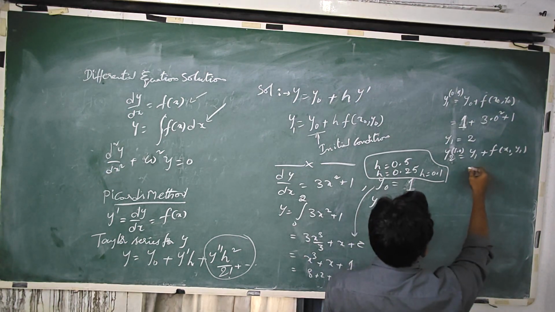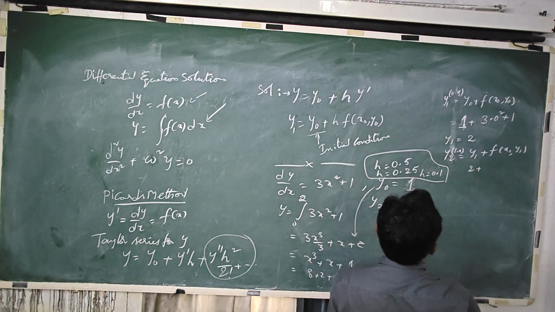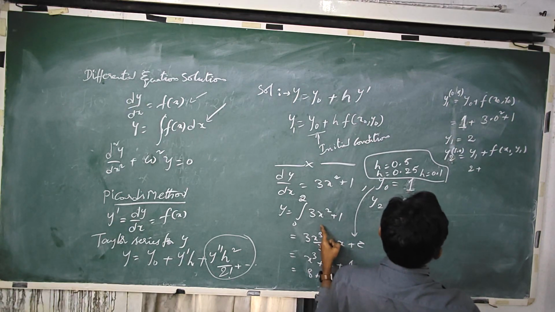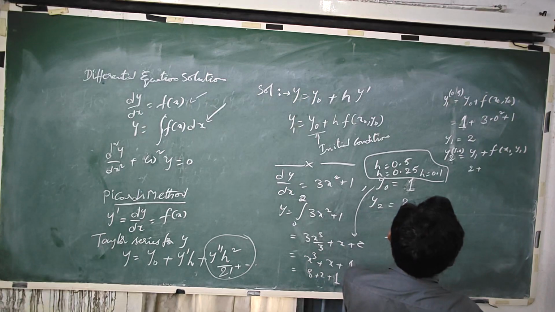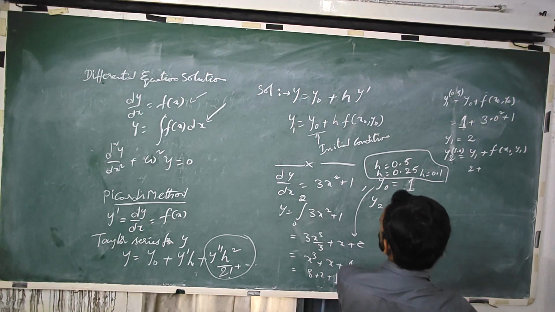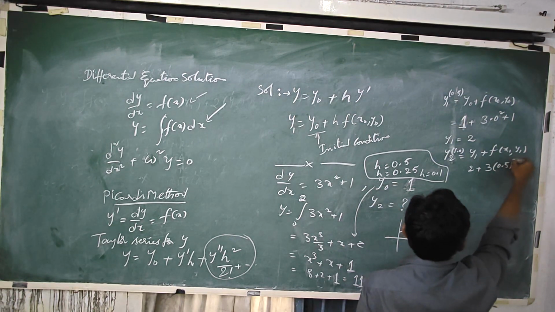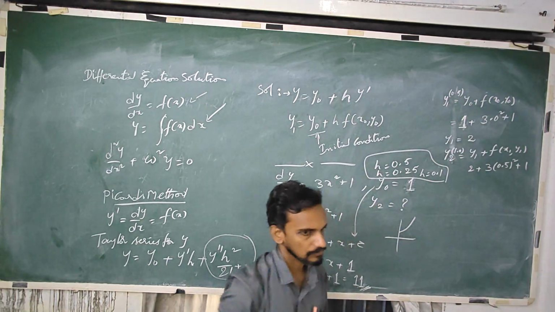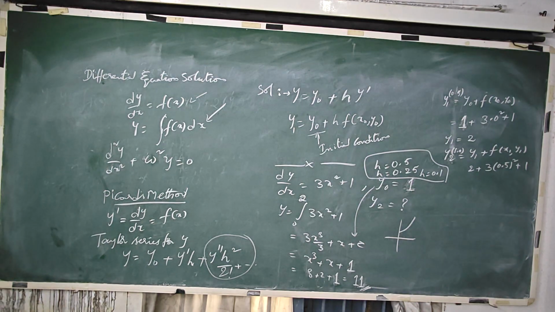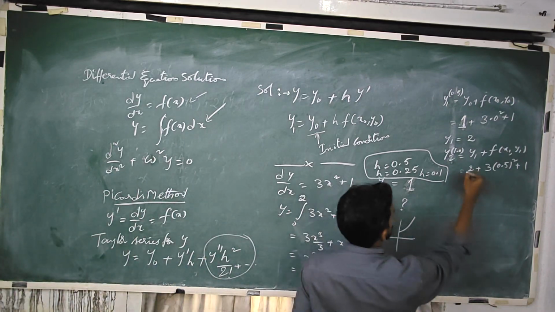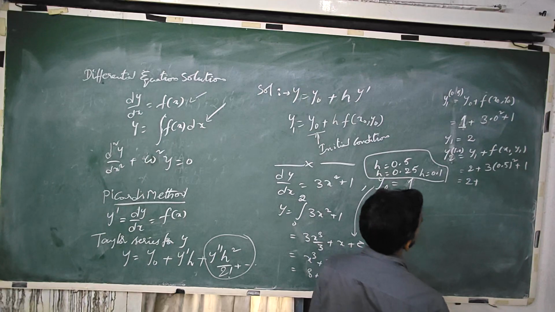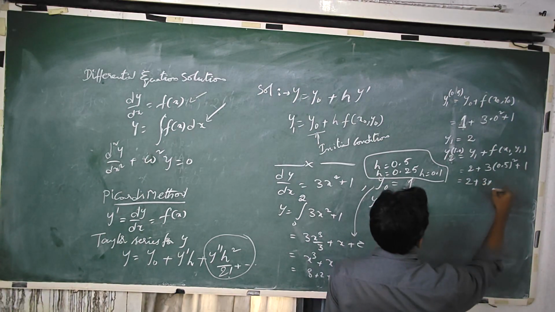So it is 2 plus, so what is this? 2 plus 3 into 0.25.